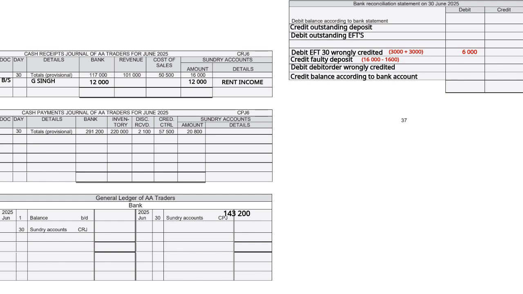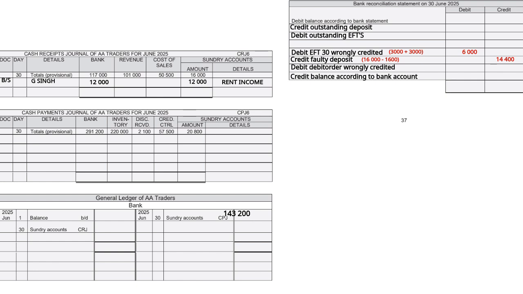It's 16,000 minus 1,600 to give you a credit of 14,400. In the credit column, 14,400.